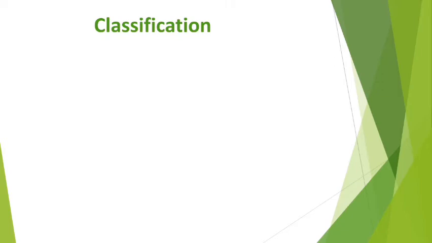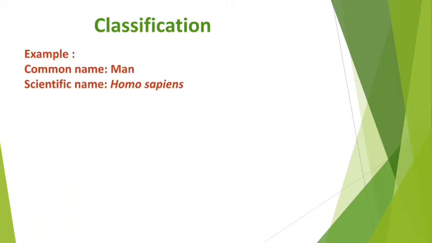Okay, so my dear student, let us take the example of man, that is human. The common name, everybody knows: man. And what is the scientific name of man? Homo sapiens. We have already discussed that. Whenever you are writing the scientific name, please follow the rules of nomenclature.